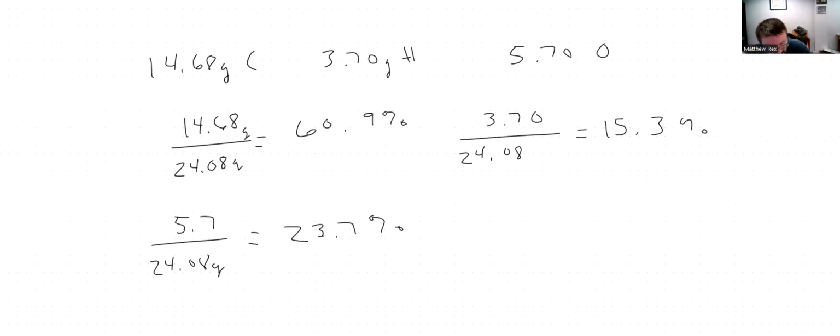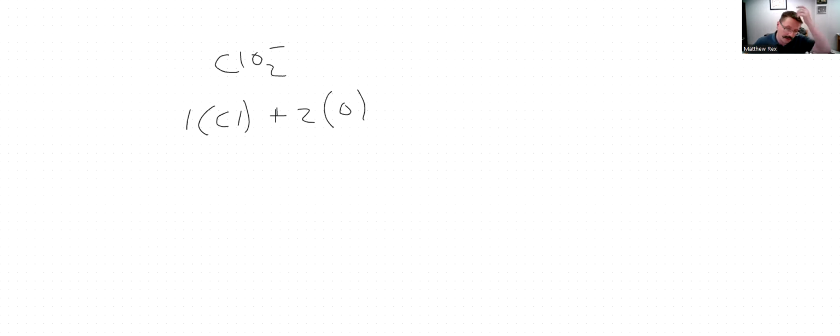What's the oxidation state of the chlorine in ClO2-? So I've got only non-metals. So I've got to go to that table to see which one takes precedence over the other. I know overall this molecule is a -1 charge, so whatever the oxidation state is on that one chlorine and those two oxygens, it's going to add up to a -1.